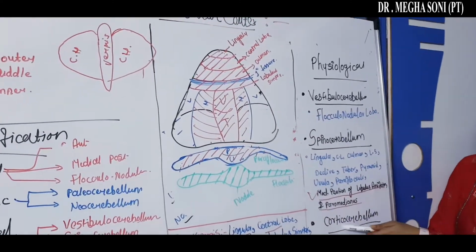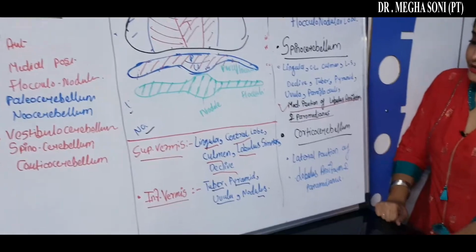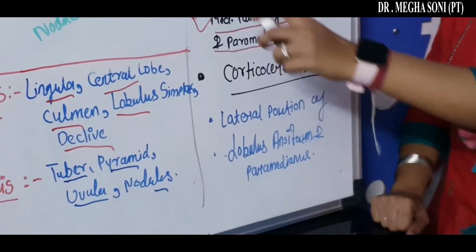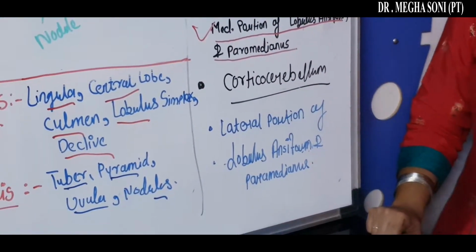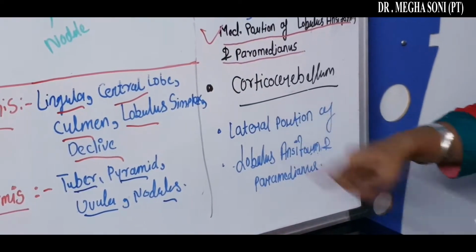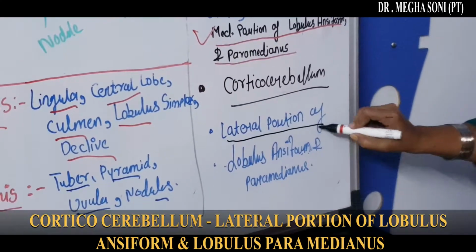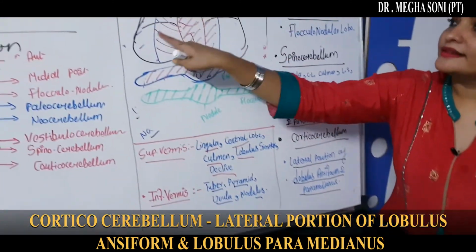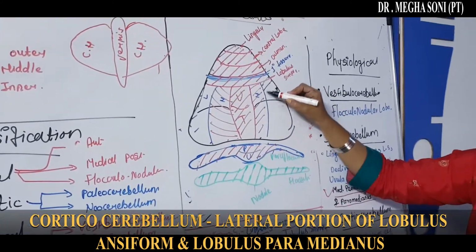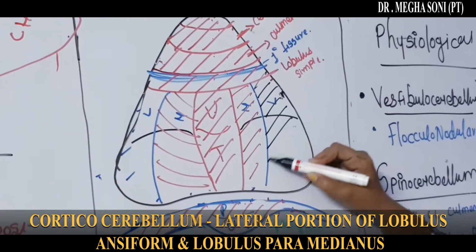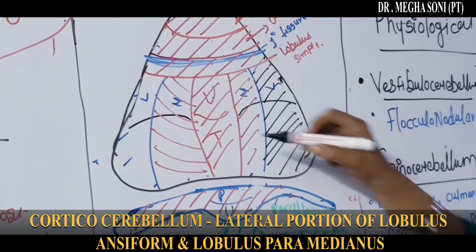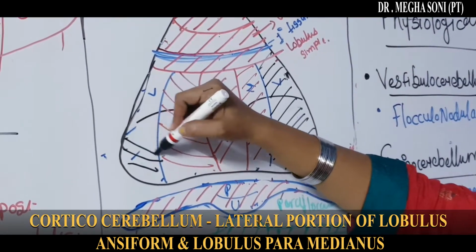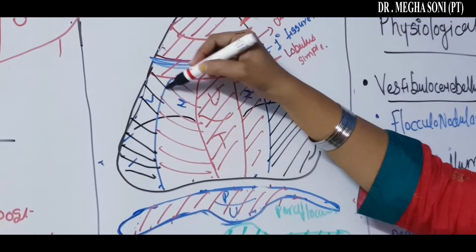And the last is corticocerebellum, whose fibers are connected with the cerebral cortex or cerebral hemisphere. It includes the lateral portion of lobulus ensiform and paramedianus, obviously, because only these structures are remaining. This remaining structure we call physiologically corticocerebellum.